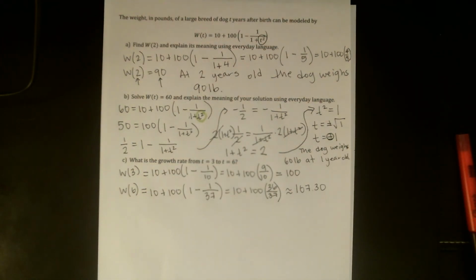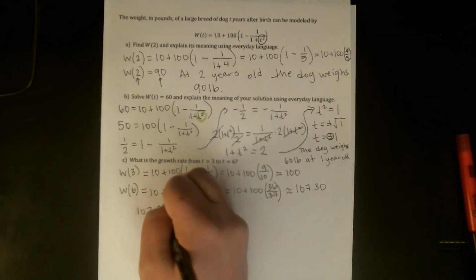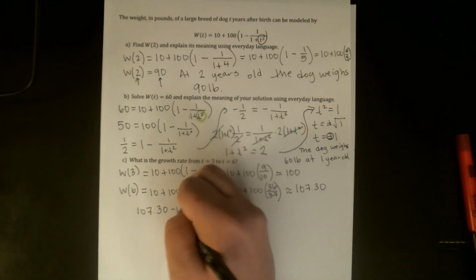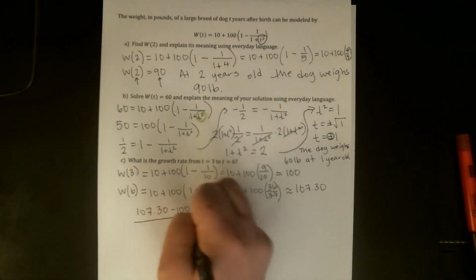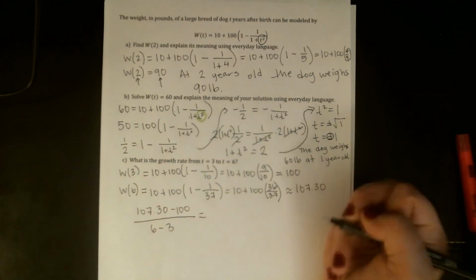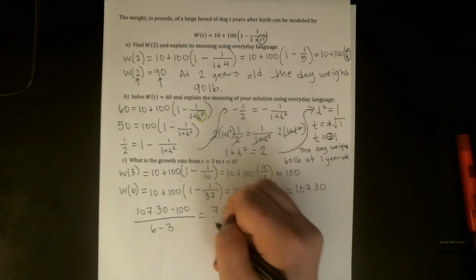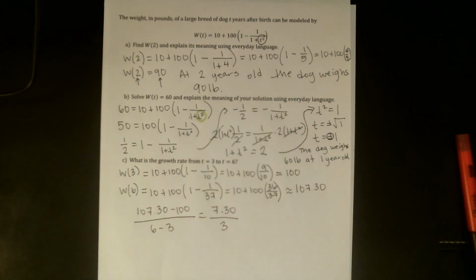All right, so if we want to calculate average rate of change, we need change in y over change in x. So this one, we're going to take 107.3 minus 100 over change in input, 6 minus 3. So we have approximately 7.30 over 3.